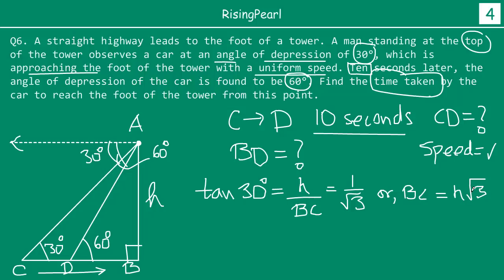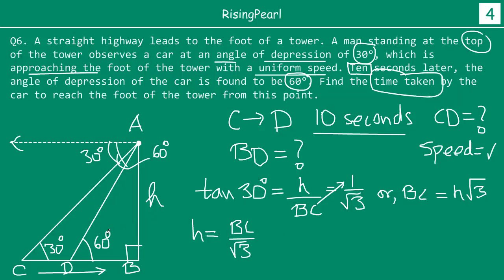Similarly, let's express this in terms of h: h is equal to BC divided by square root 3.